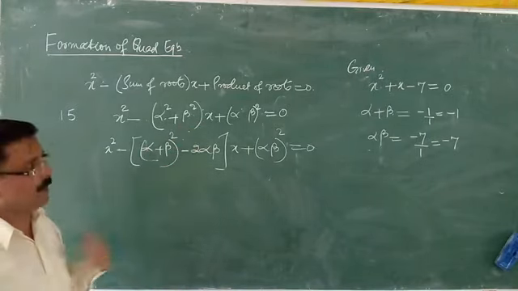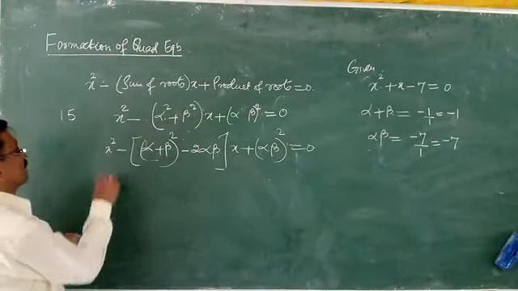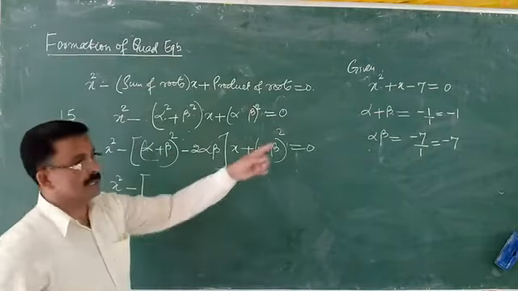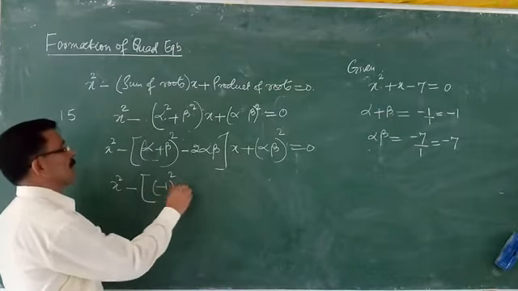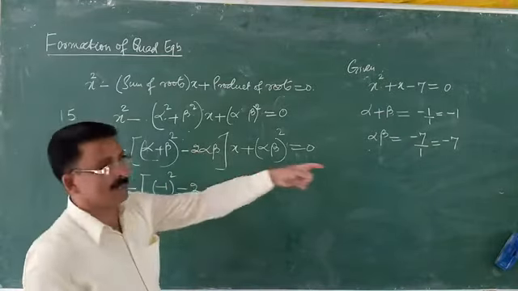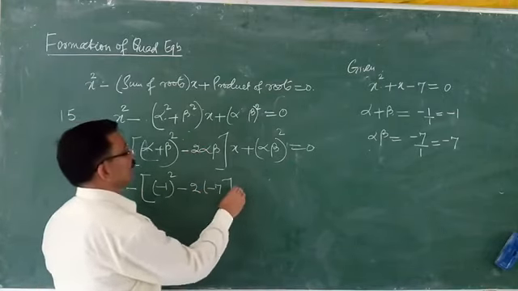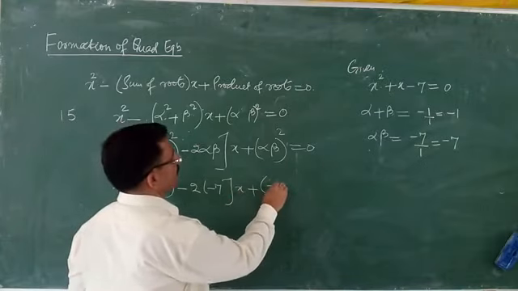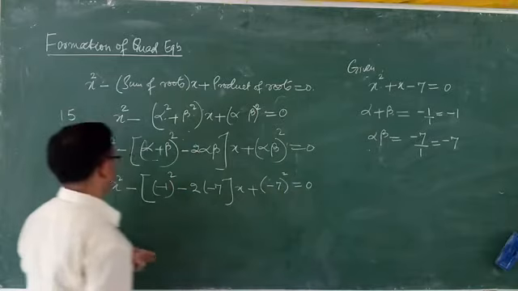Yes, sir. Now everything is done. Now I just have to put in the values. So x square minus alpha plus beta, which is negative 1, squared, minus 2 alpha into beta, which is negative 7, so minus 2 times minus 7, then x, and then alpha beta is again minus 7, whole square, is equal to 0.